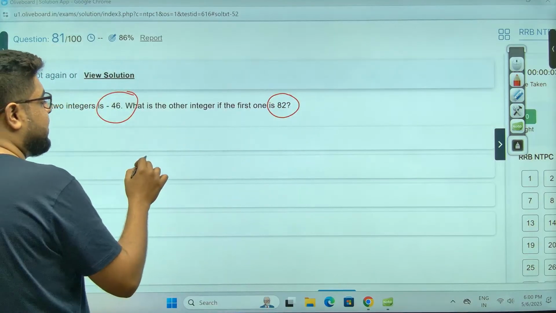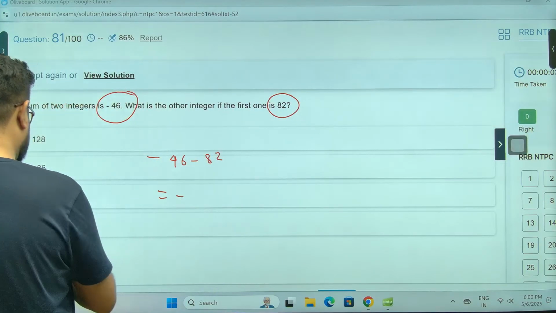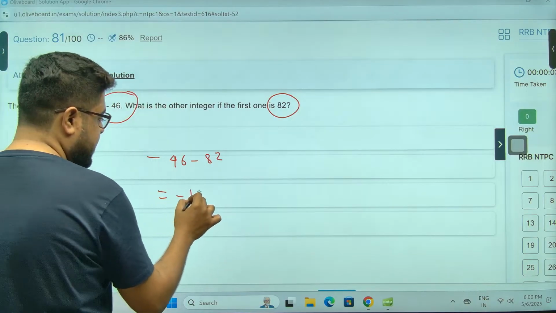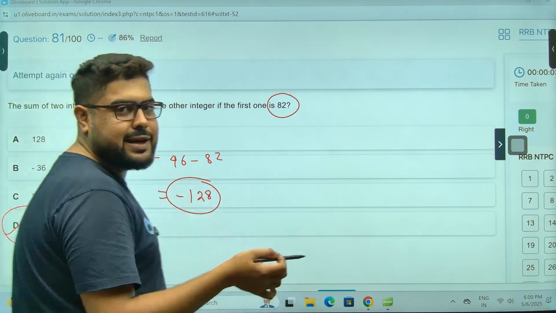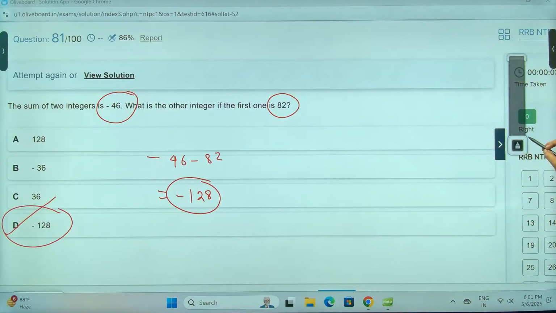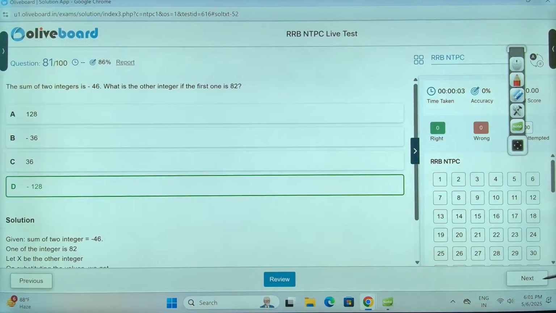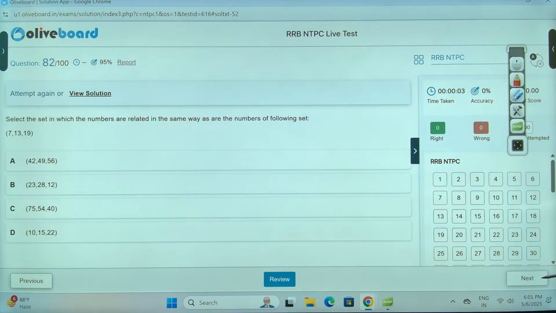So next one will be minus 46 minus 82, check. 128, see, minus 120, option number 4. It's like that sometimes, it's a freebie. It has to be given to everyone. Sir, this is not ours.